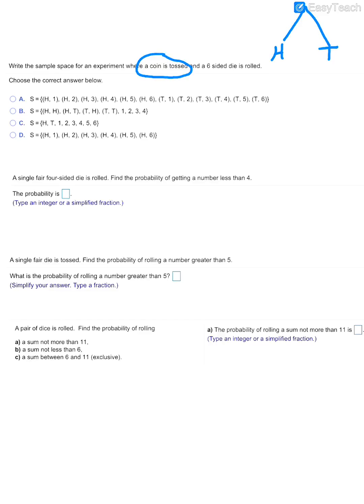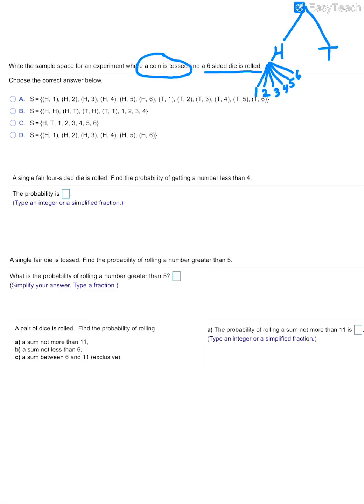Now, once the coin is tossed, a six-sided die is rolled. So if the coin were to land head side up, then there are six possible things that could happen with the die. So it could be a 1, a 2, a 3, a 4, a 5, or a 6.